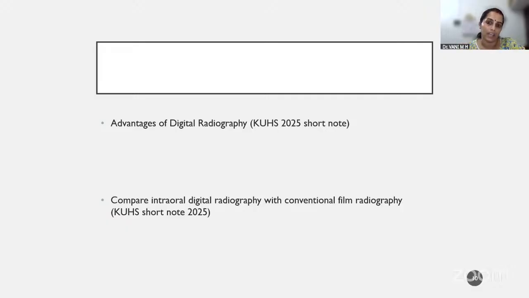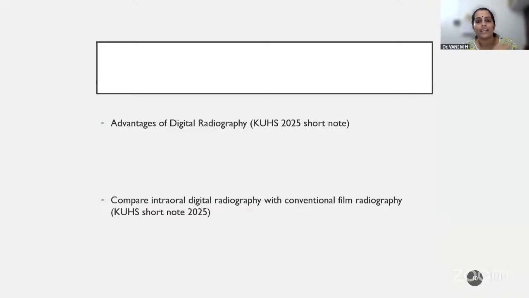Digital radiography has a lot of advantages, but the key highlight points should be how processing is avoided, how you can repeatedly enhance the image, and how you can reduce the wastage, because in conventional radiography a lot of waste is happening.